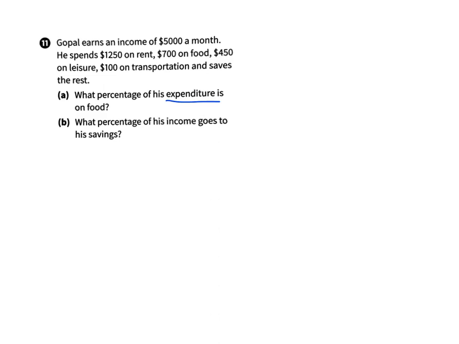So now in part A, I'm going to calculate the percentage, right? So I'm going to have percentage of the what? Of expenditure, right? Percentage of expenditure. How much did he spend? What is the expenditure? So I need to do a side note.